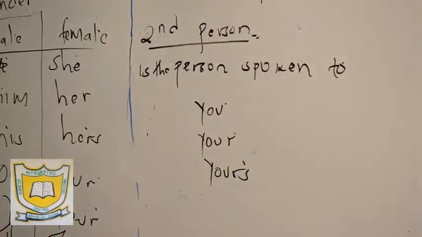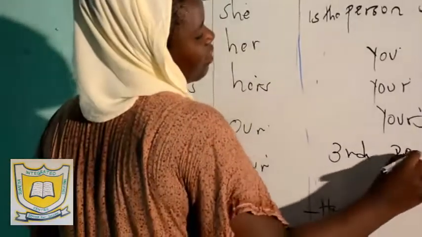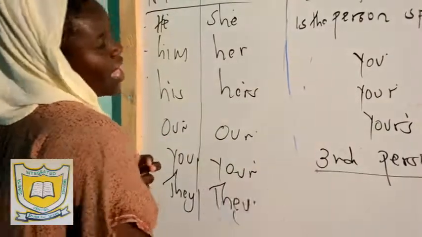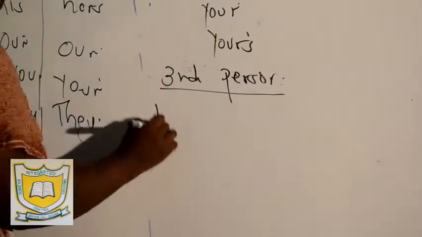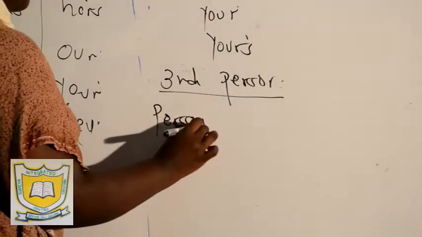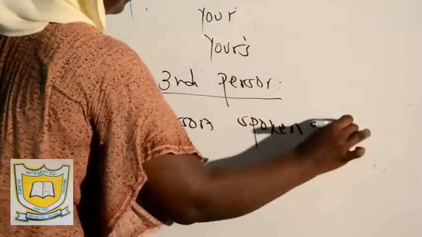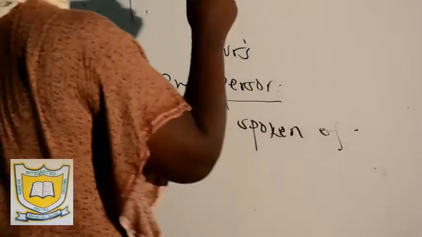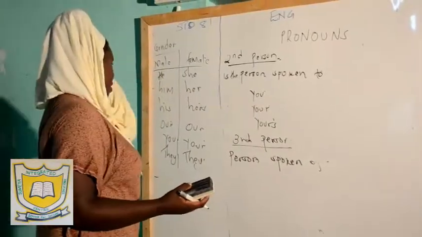And then we have the third person according to pronouns. This third person is the person spoken of. First person, person speaking. Second person, person spoken to. Third person, the person spoken of.